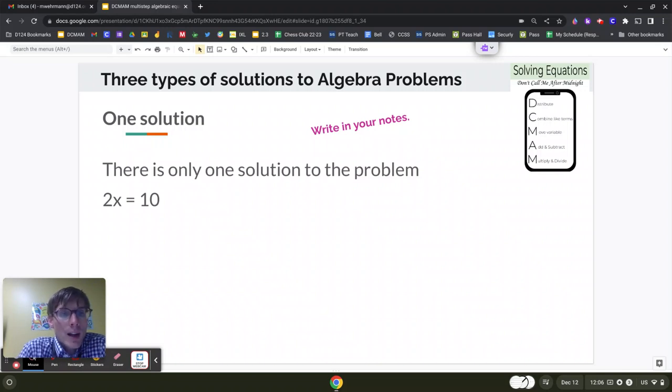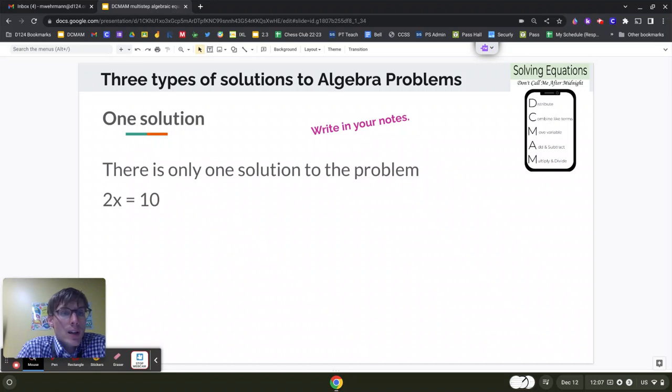All right, so if we look at 2x equals 10, this is a classic one solution to this problem, right? This is what we should have known going into this unit, but we looked at examples like this on lesson 1. So remember, our goal is always to isolate the variable, get the variable all alone using inverse operations, okay? So in this case, we have to isolate the variable.